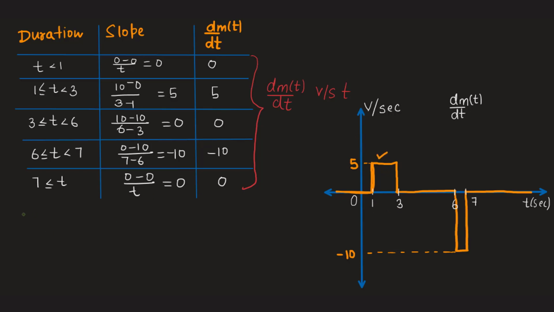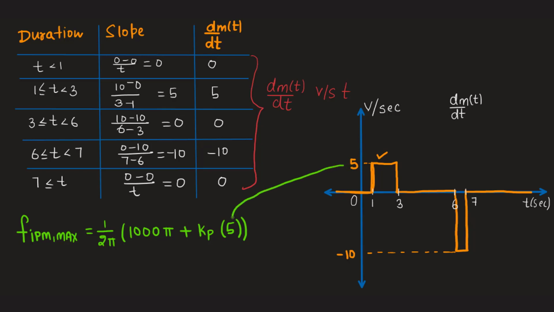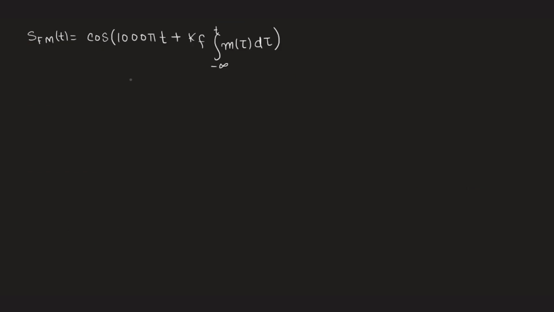We can now calculate the maximum value of the instantaneous frequency of the phase modulated signal as fi PM max. Here 5 is the maximum value of the derivative of message signal, as can be seen from this plot. We label this equation as equation number 1. We can use the phase angle of the FM signal.